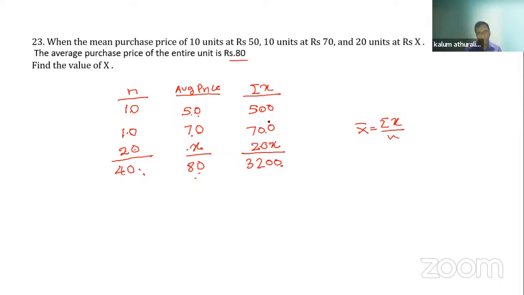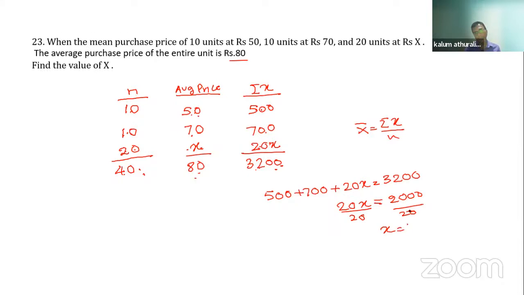Sum of these three values equals 3,200. So 500 plus 700 plus 20X equals 3,200. This is 1,200. 20X equals 3,200 minus 1,200, which is 2,000. Divided by 20, X equals 100.